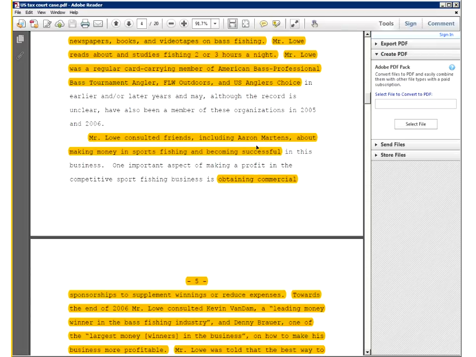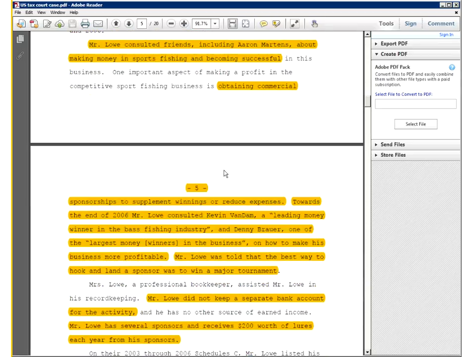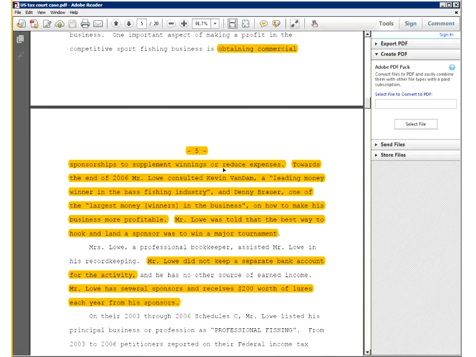He's talked to certain people, including some individuals who are professionals as well, on how to do better. So that's kind of networking, learning how to do your job better. Definitely a reason to be counted towards a business.